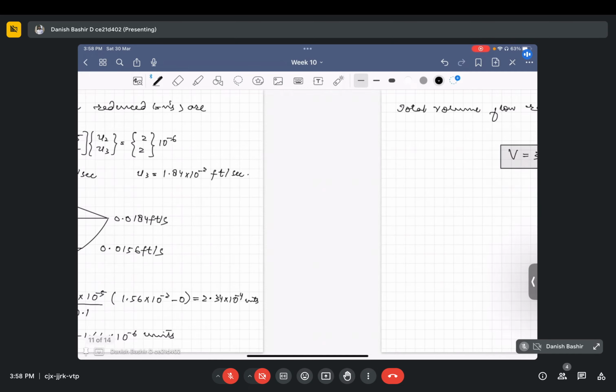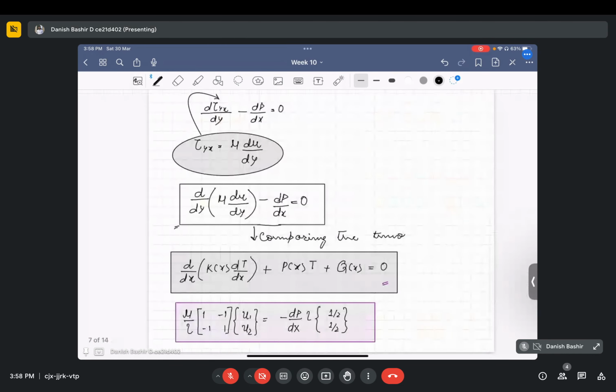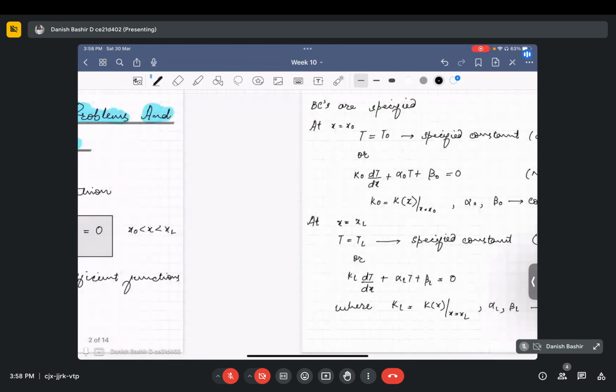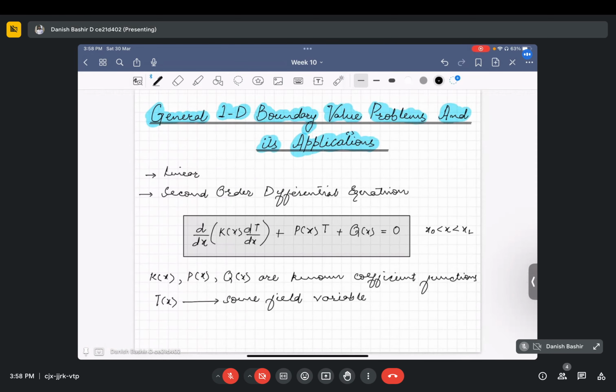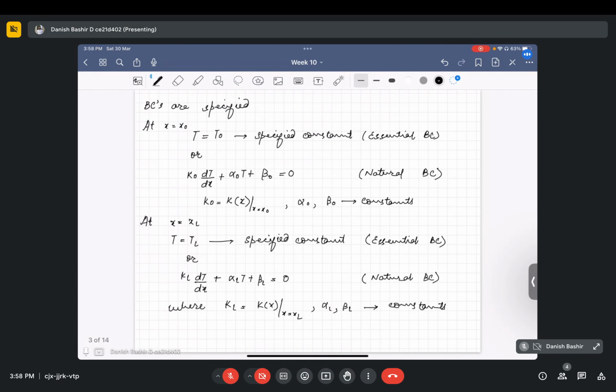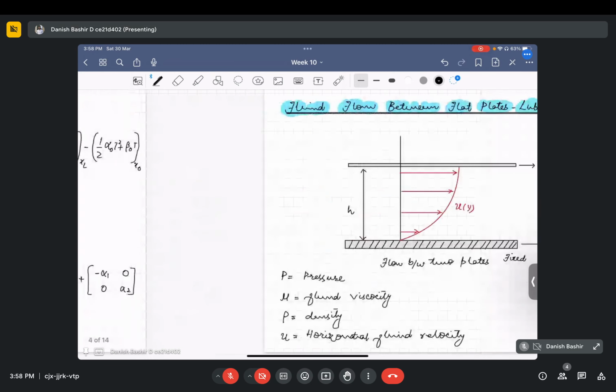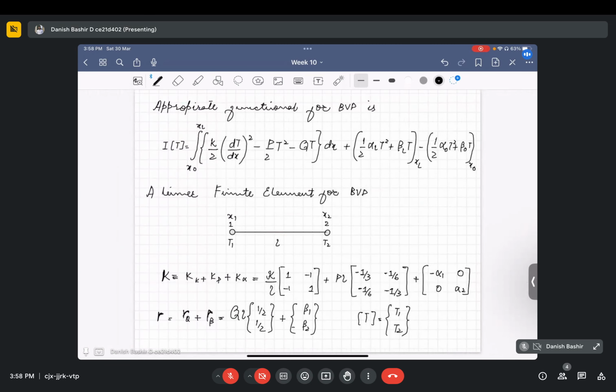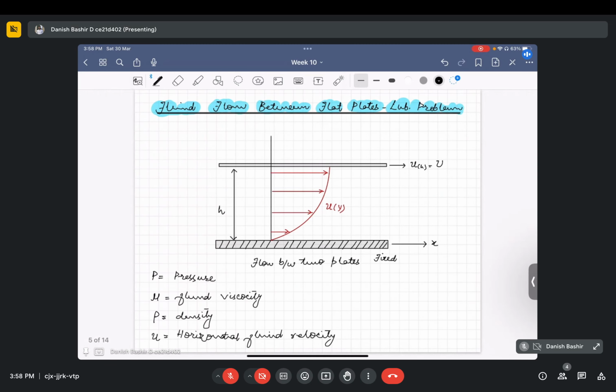Today we saw the general boundary value problem like this. We saw that all the general boundary value problems are linear in nature and they are second order differential equations, and their general solution is given as this K and R. And then we saw how this general boundary value problem we can use in other applications like fluid flow between two flat plates, that's the lubrication problem.